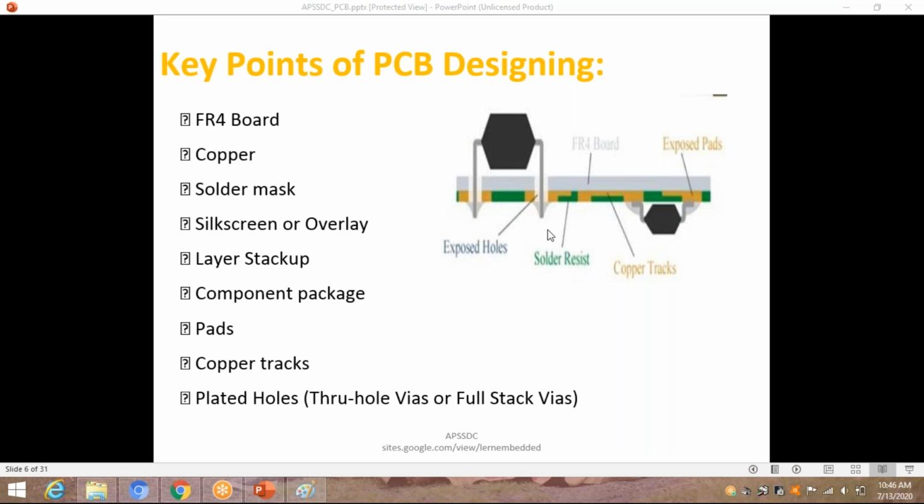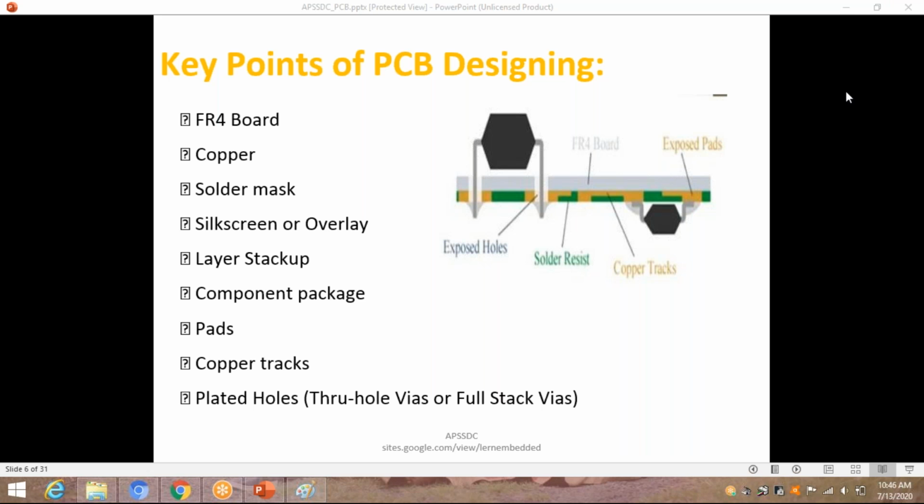Okay, you can see the image. The first component shows a through hole technology. The second component shows a surface mount technology. Is it clear, guys? Through hole method is nothing but the components will have terminals and we need to drill holes through the PCB and solder the terminals on the copper side of the PCB.